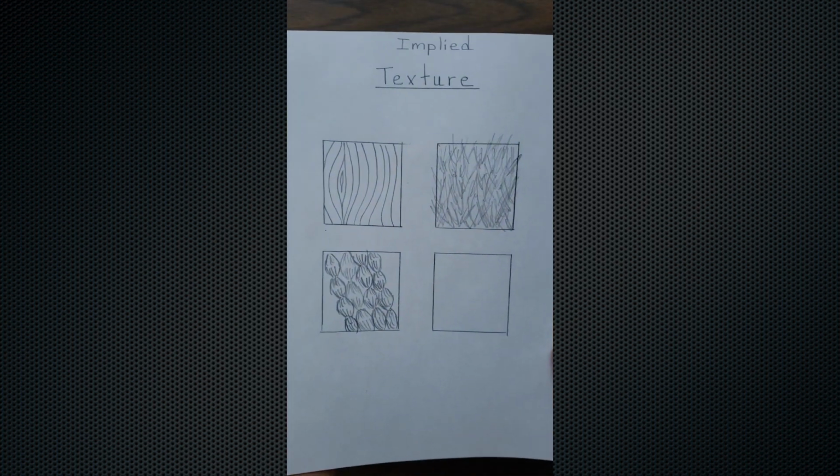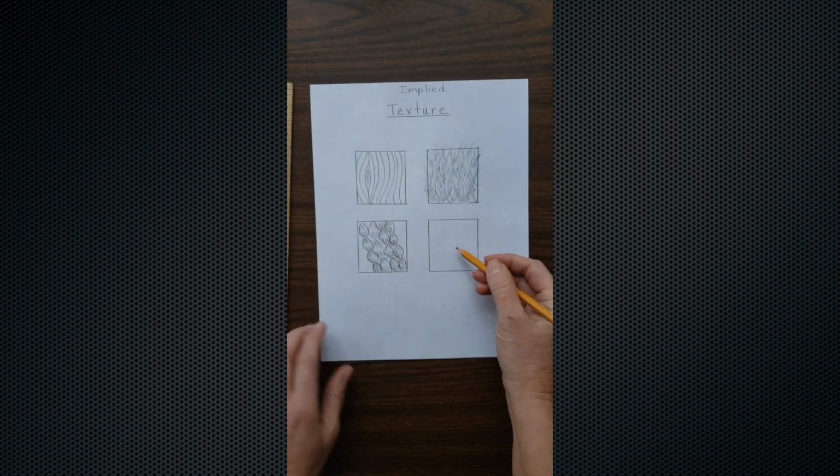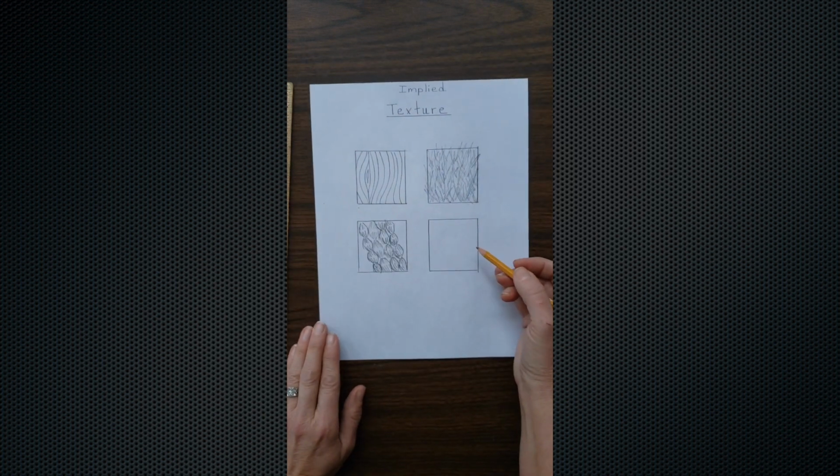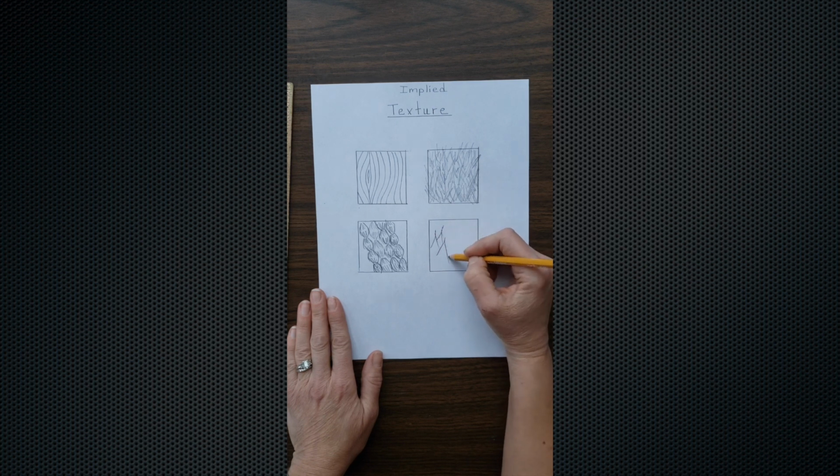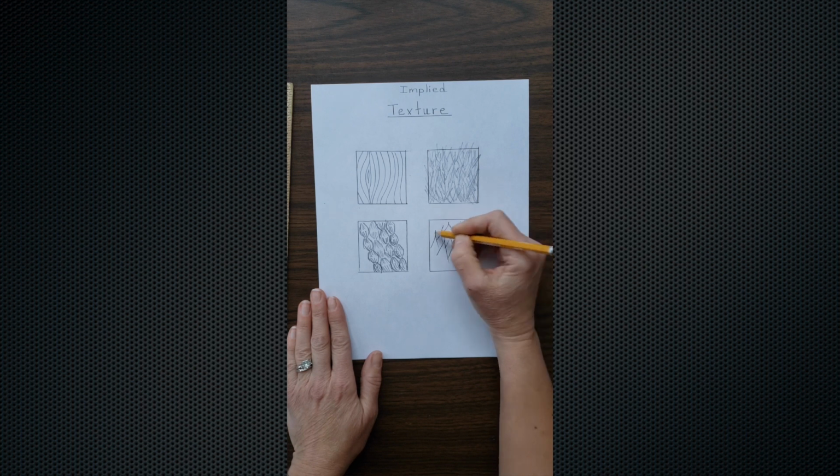So there's 3. I'm going to continue to work on this one. Maybe I will do something that looks kind of prickly. So maybe like something that's a little prickly. Something that if you touched it, it would be pointy and maybe sharp.